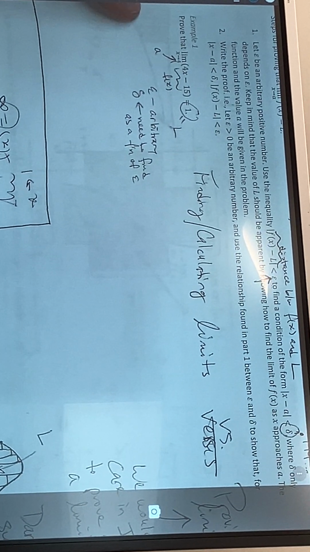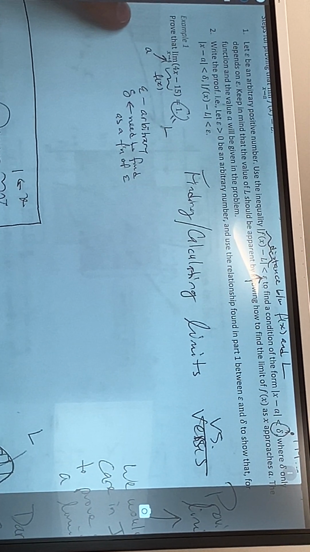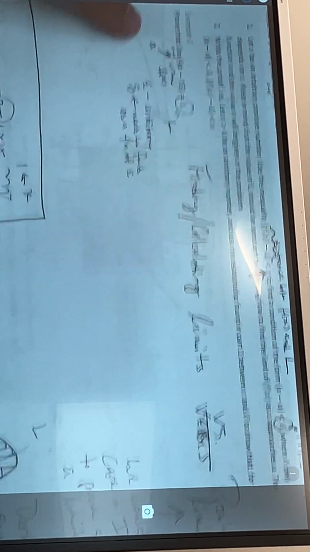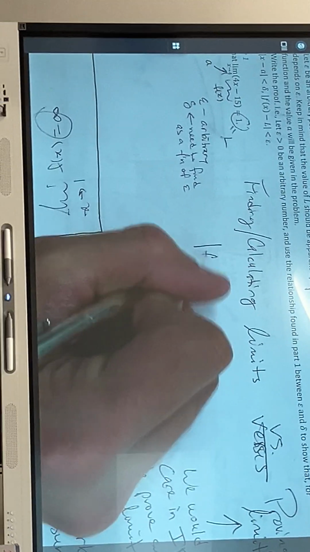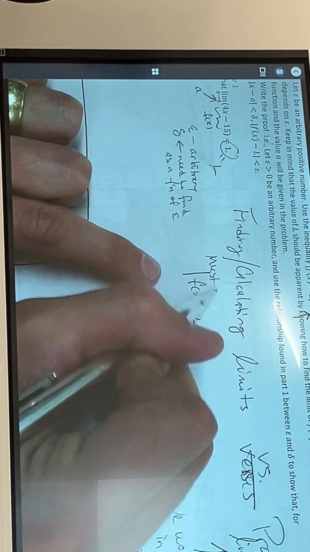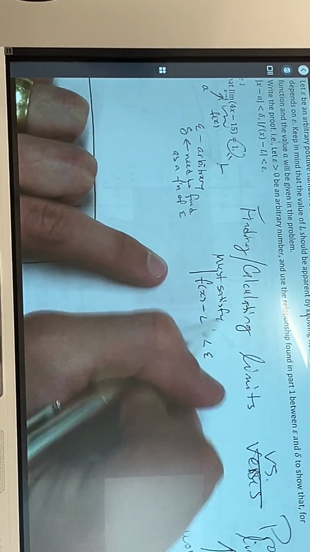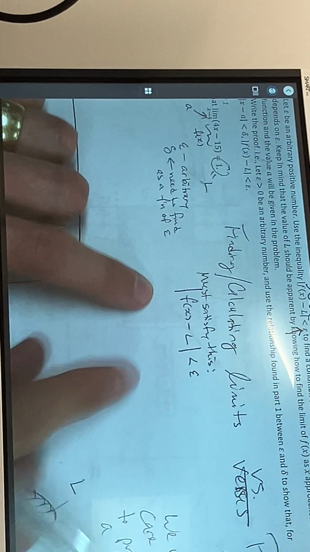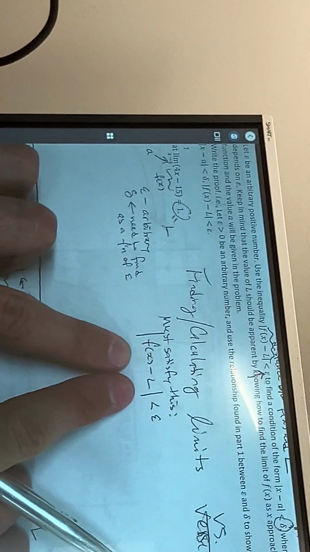So let's see it. All right. Here goes this one. We'll write this first because this is the condition that we're trying to satisfy: f of x minus L, we want it to be less than epsilon. We must satisfy this thing right here.